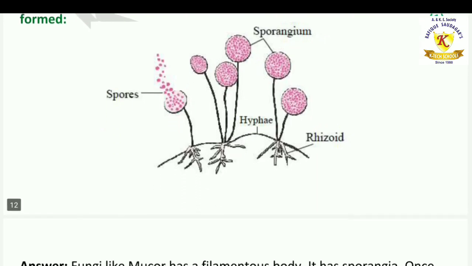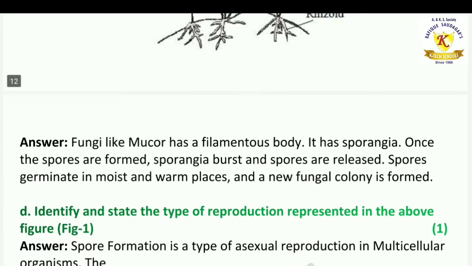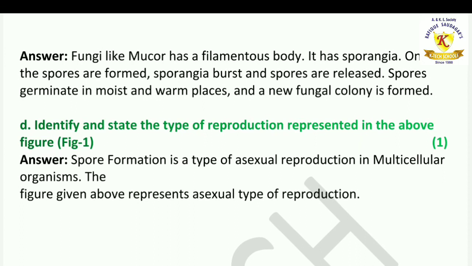Look at the figure. So the answer is fungi like mucor have a filamentous body. It has sporangia. Once the spores are formed, sporangia burst and spores are released. Spores germinate in moist and warm places and a new fungal colony is formed.